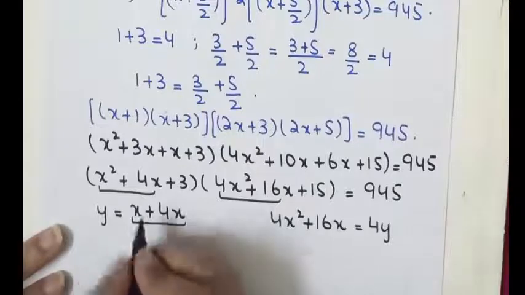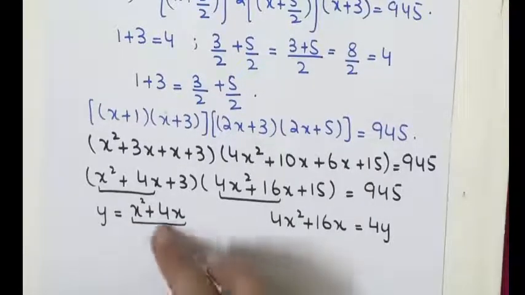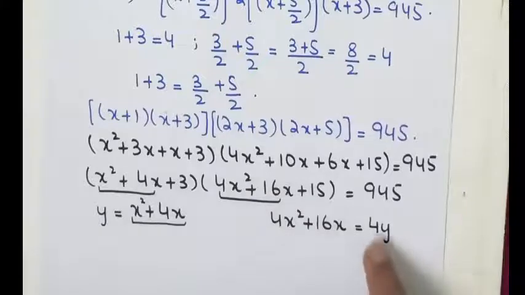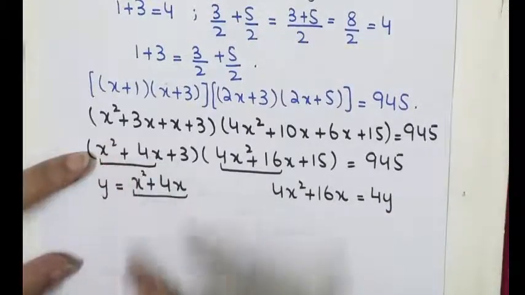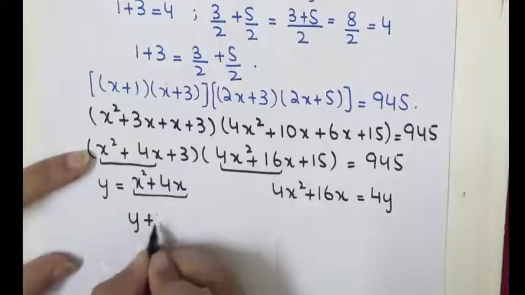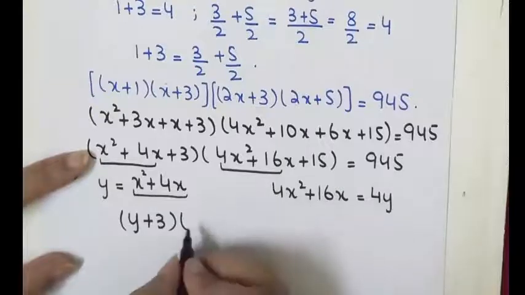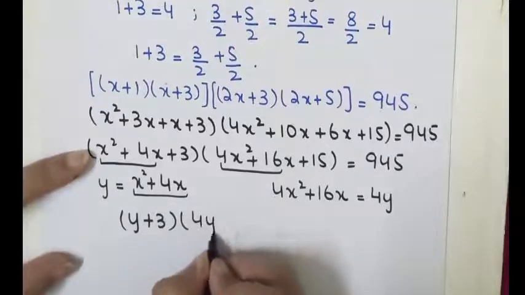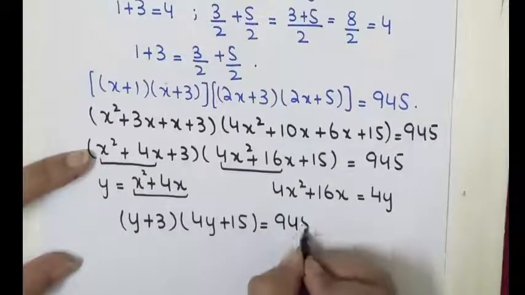Right? Because here we have x² + 4x, and here we have 4 times of this term, so we can write 4y. So we will replace x² + 4x with y: (y + 3), and here we will replace with (4y + 15), and this is equal to 945.